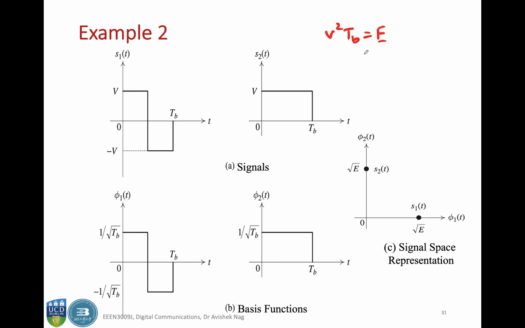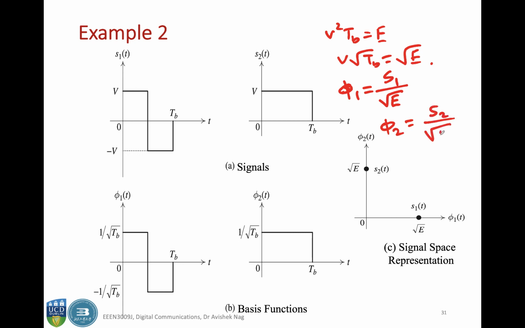So both signals have equal energy, v square TB. So v root TB is square root of E, and you can see that your phi 1 was basically S1 by square root of E, as you saw in the calculations before, and your phi 2 is basically S2 divided by square root of E.